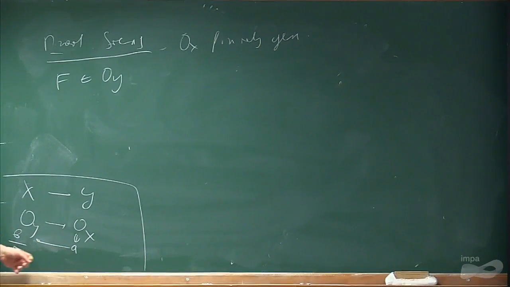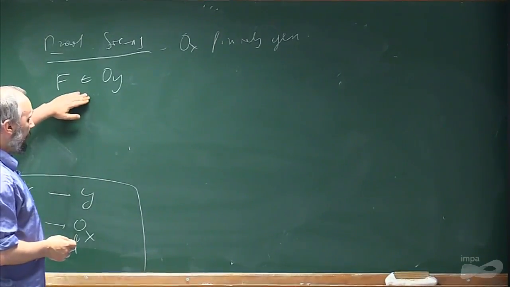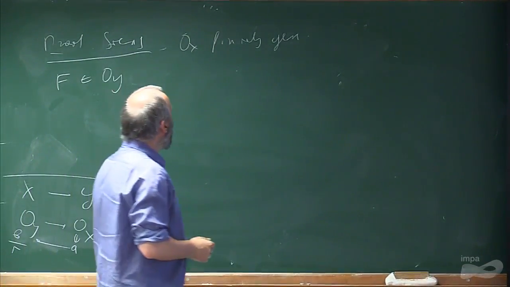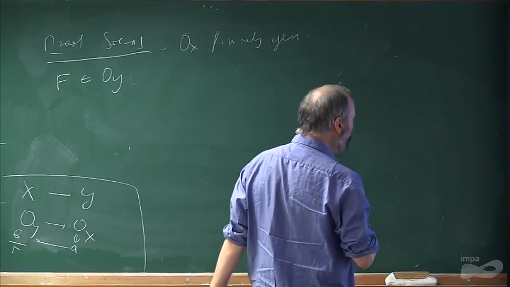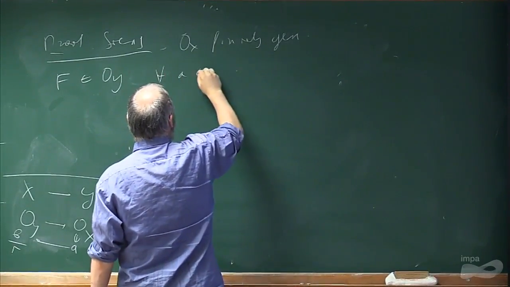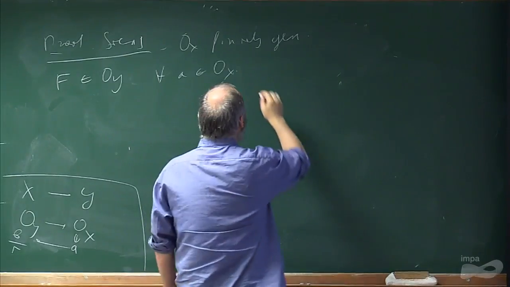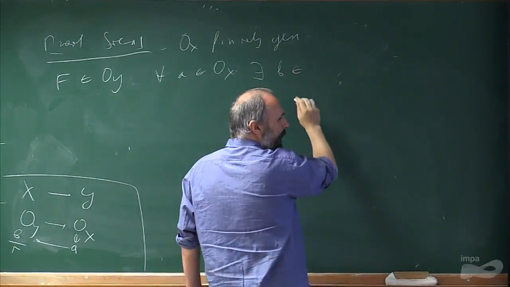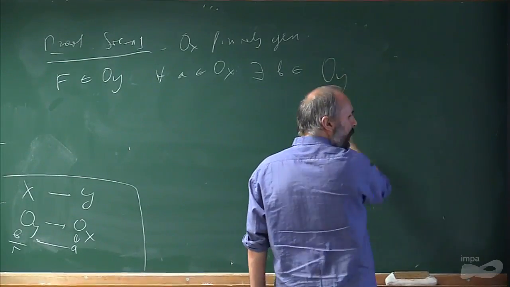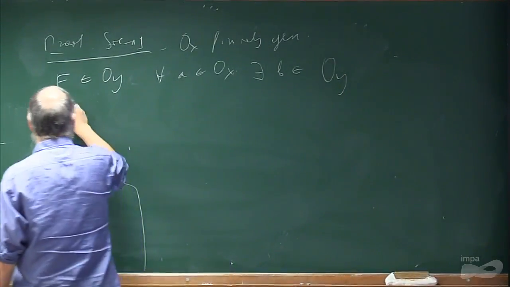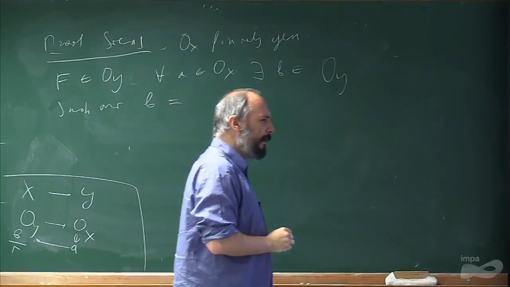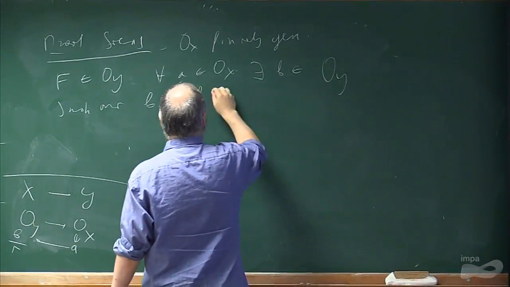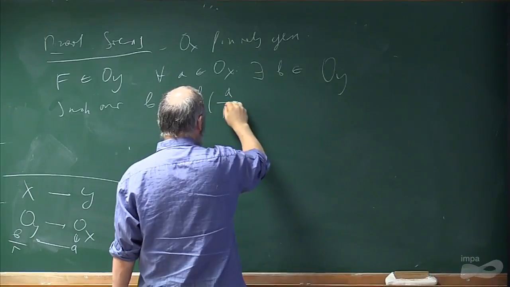But then you take all generators, you take all denominators of these fractions, and you multiply them. This gives you this f. So there exists such f, such that for all a inside O_X, there exists b inside O_Y, such that b is equal to f of a, quotient by f to the power n.